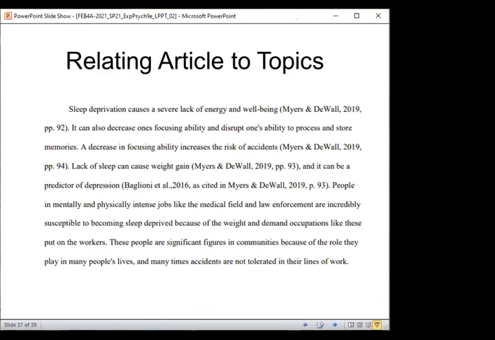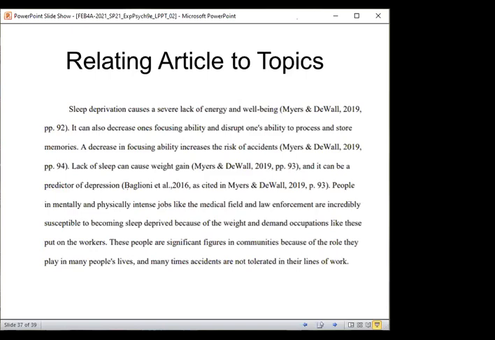Then jumping to relating articles to topics here. Sleep deprivation, we'll have a section, again, the one on consciousness and the two-track mind is where we talk about sleep, for example. Sleep deprivation causes severe lack of energy and well-being. This particular person cited our textbook here. It can also decrease one's focusing ability and disrupt one's ability to process and store memories.